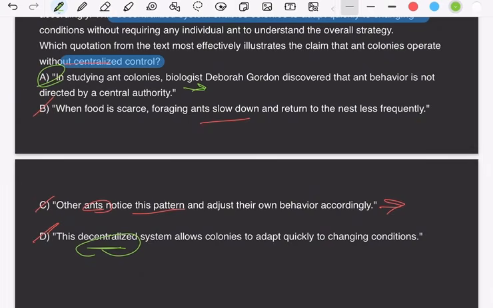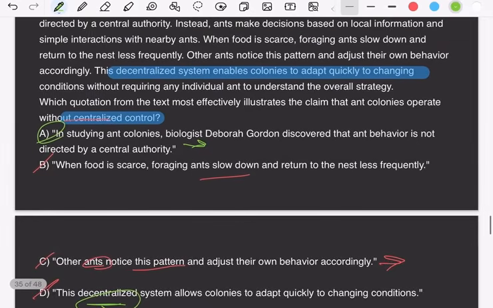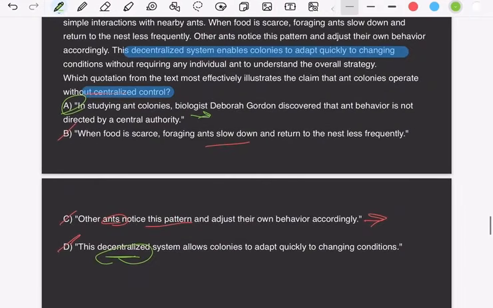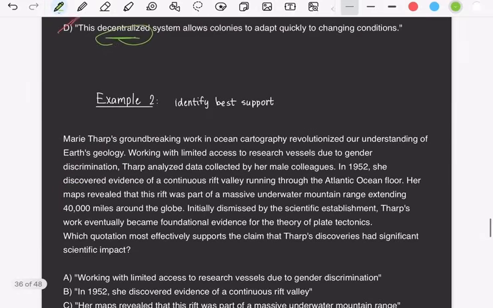It is important to note that while it mentions this word, option A is directly, explicitly stating the lack of central authority, right? So we want to choose the evidence that directly states or clearly demonstrates the claim, not just restates the topic. Okay?